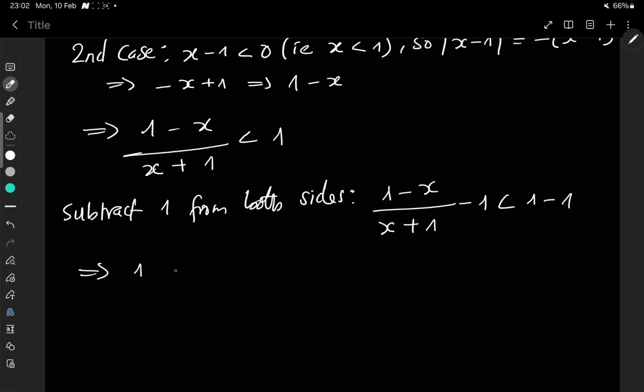Having 1 minus x over x plus 1 minus 1 is less than 0.